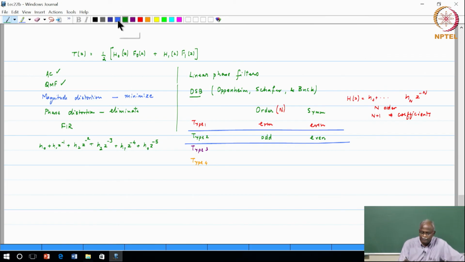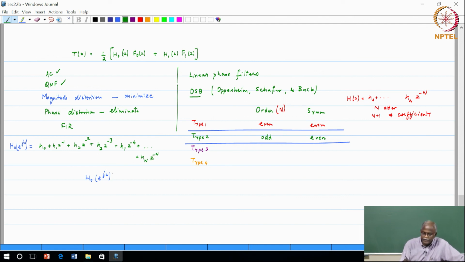Let me just write the expression for it and then leave it as an exercise for you. H0(e^{jω}) is h0 plus dot dot dot plus h_n times z to the minus n, that is the general form.